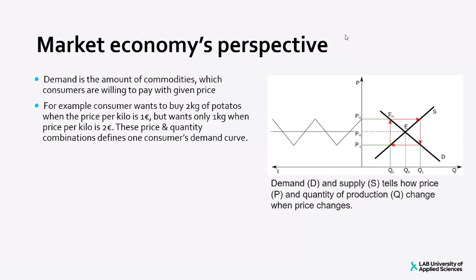For example, if there's a consumer who wants to buy potatoes, there are batches, or let's say packages, of 2 kilos where the price per kilo is €1. But the consumer doesn't need 2 kilos, they only want 1 kilo and are willing to do that at a price per kilo of €2. And these types of things impact one consumer's demand curve.